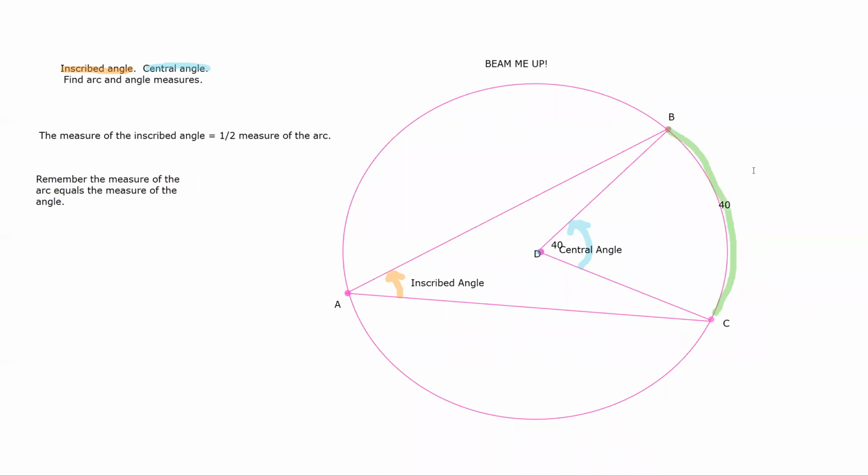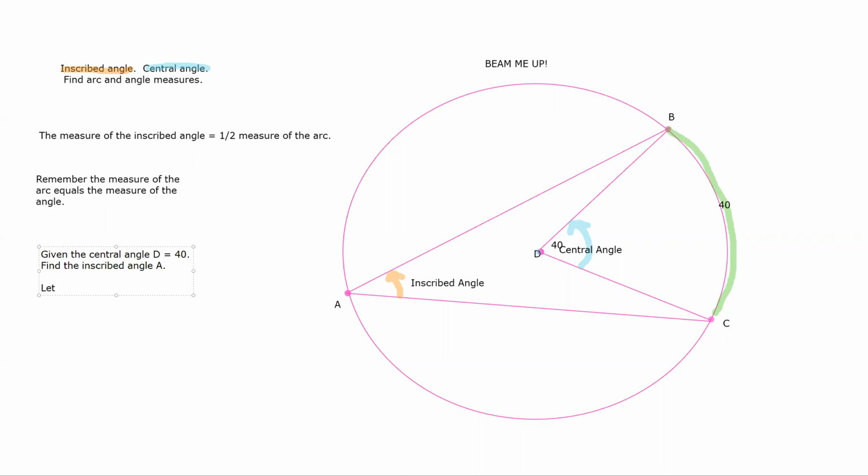If we're trying to find angle A, if we're given the central angle, D equals 40, we're going to find angle A. Find the inscribed angle A. That's exactly how your problems are going to look.